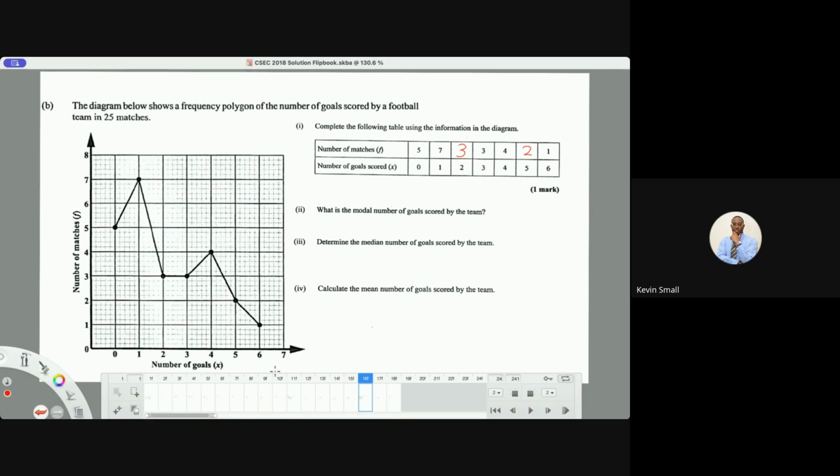Anyone else has an answer different, or you all agree with his answer? The model number of goals scored.